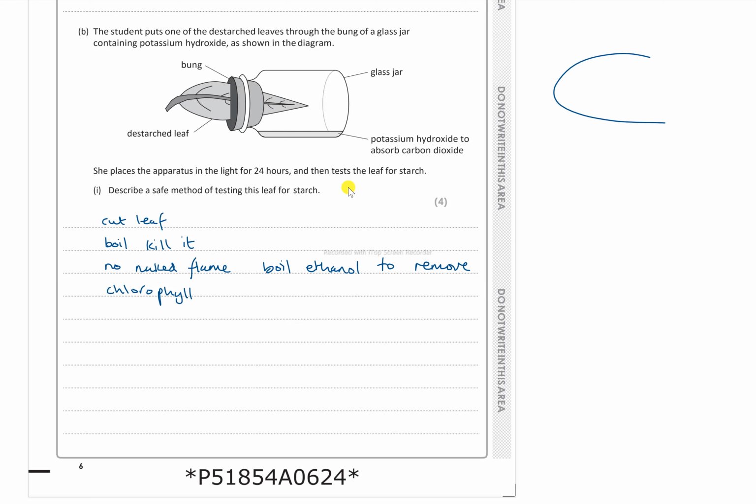Right, you've got a structure here called a chloroplast that contains a green pigment called chlorophyll.